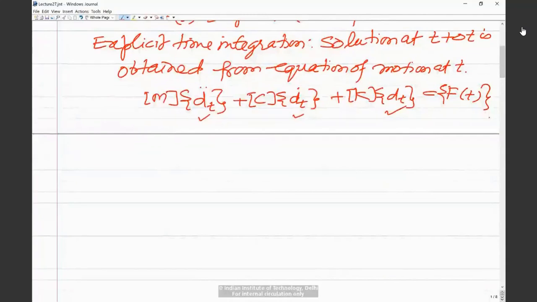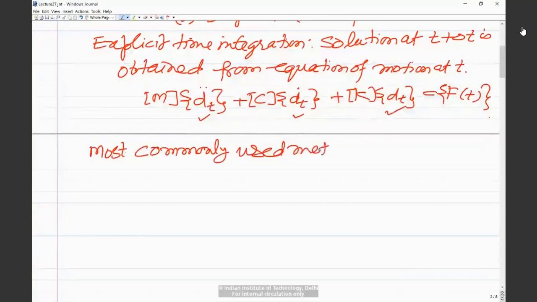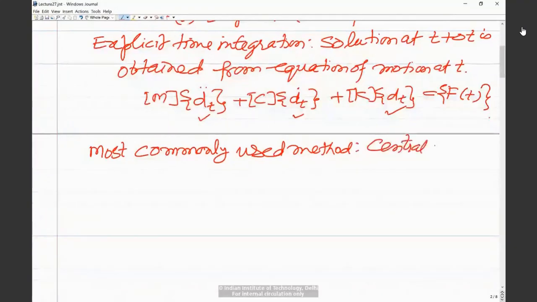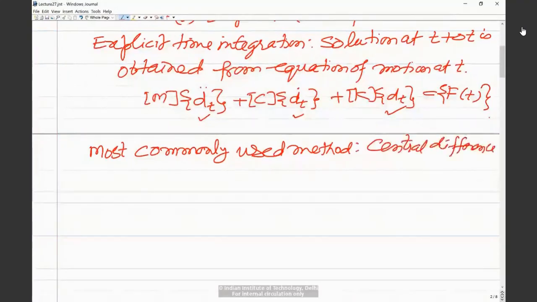Now under this category, I am going to discuss the central difference method. The most commonly used method is central difference, under this explicit category.